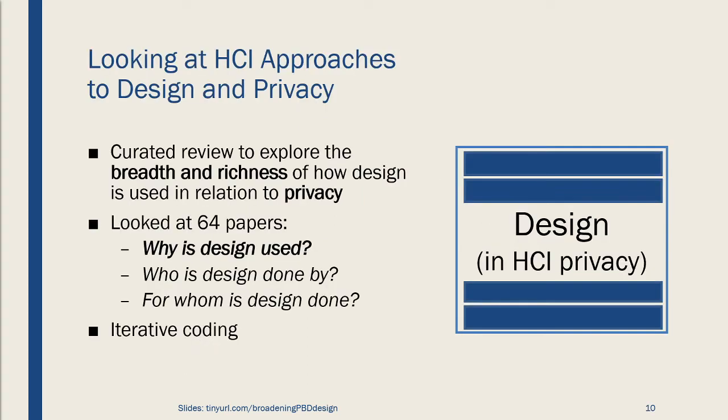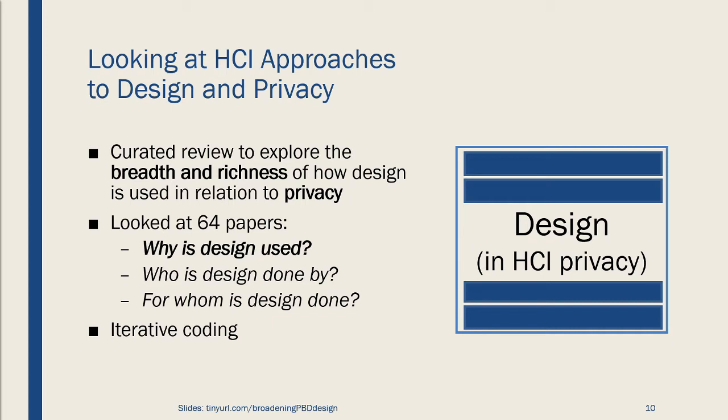So how might we characterize the breadth of ways that HCI uses design in relation to privacy? In the paper, we conduct a curated review of HCI research to explore the breadth and richness of how design practices are used in relation to privacy. We searched for HCI papers that use both the terms privacy and design, curating a corpus of 64 papers.